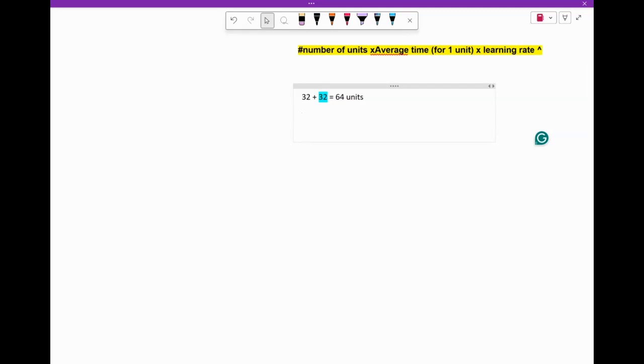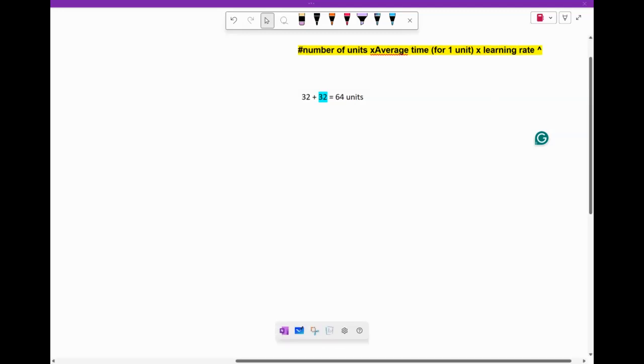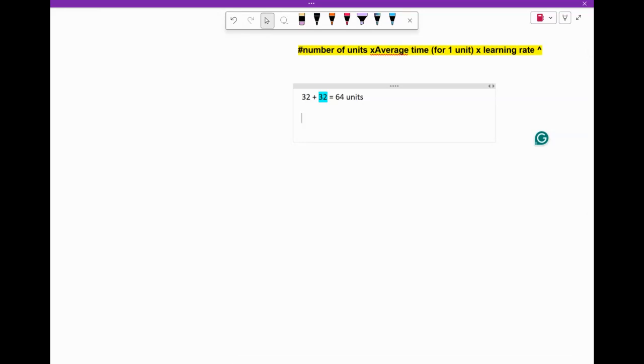Why would it be a second 32 then? Can you see they said a second? Calculate the number of direct labor hours required for a second order of 32 units. Isn't it because the more units we produce, the shorter the time it takes to produce, the more efficient we become? Yes, so the less time we spend.